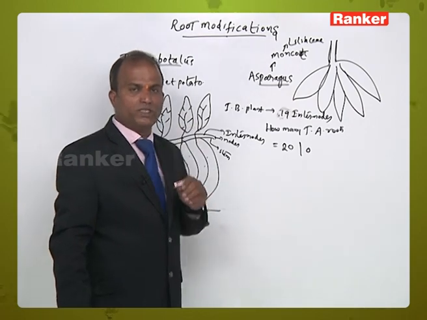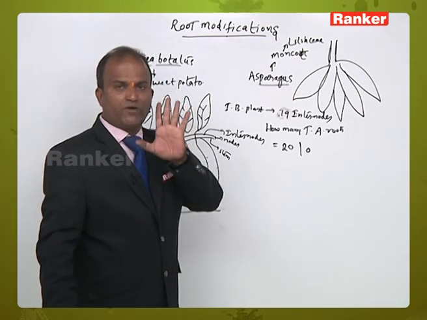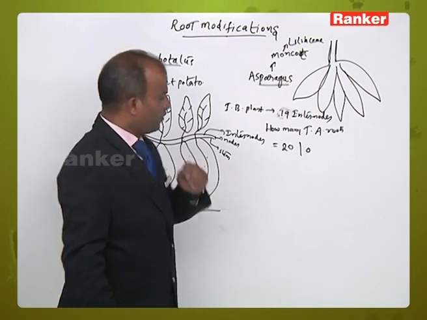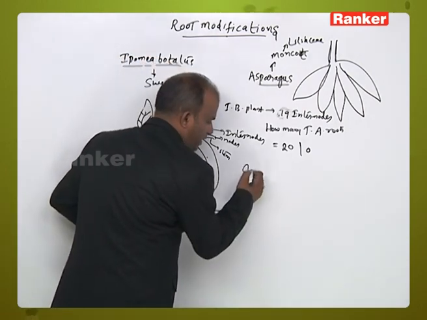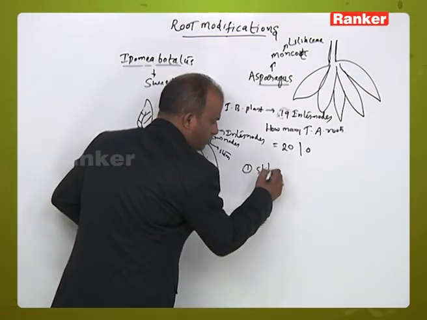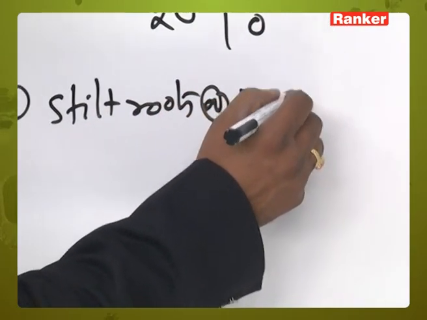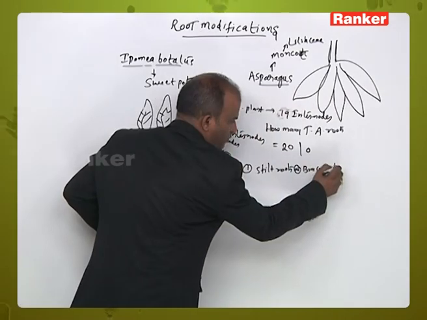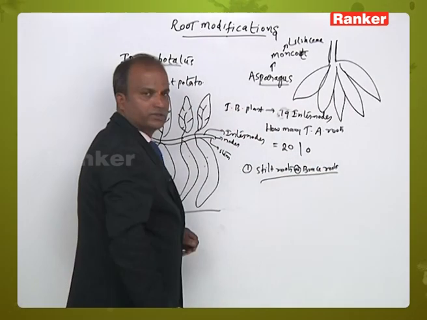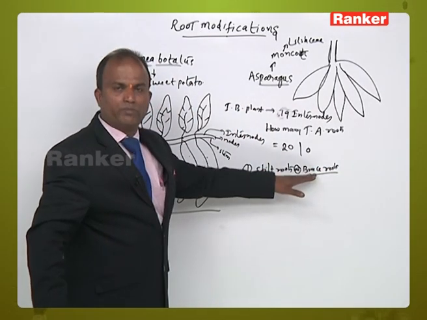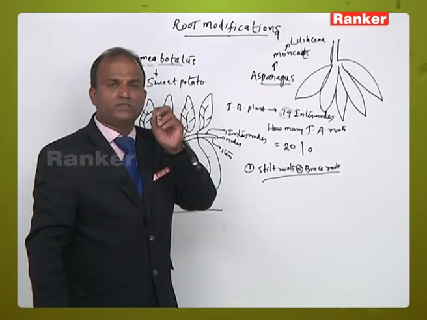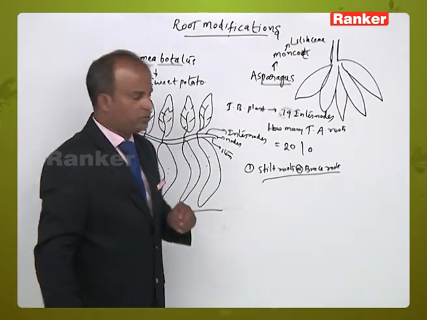When we are talking about adventitious roots, another example is stilt roots, also called brace roots. In which plants are stilt roots or brace roots seen?